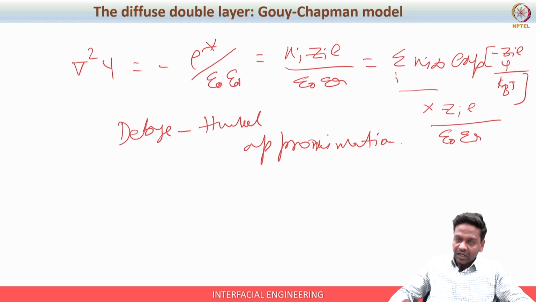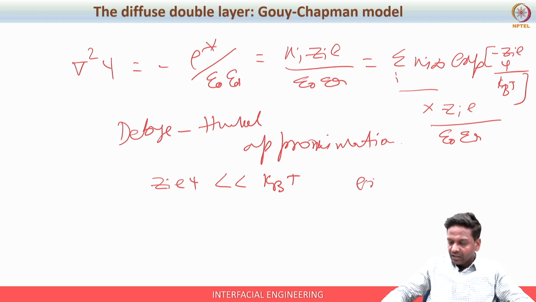What it says is that at a very low potential, especially when the Zi e ψ term is very much less than kBT, then you can use this power series. So, you can expand exp(−x) as 1 − x + x²/2 and so on. This is what we are going to use in this case as well.